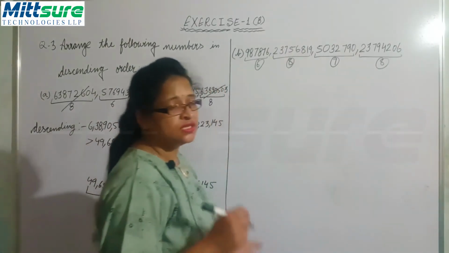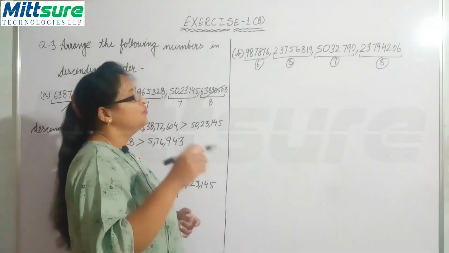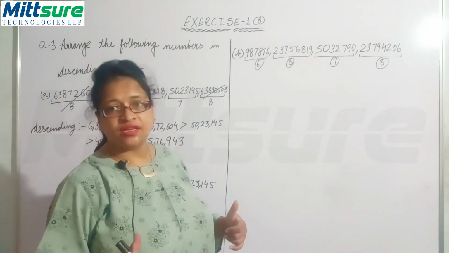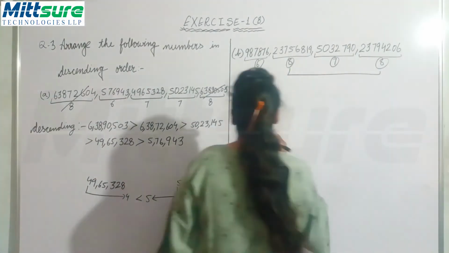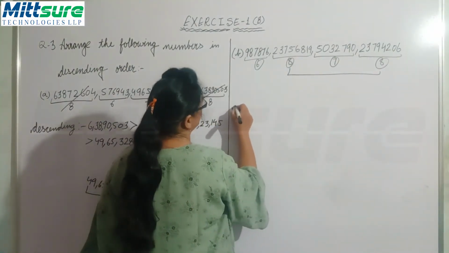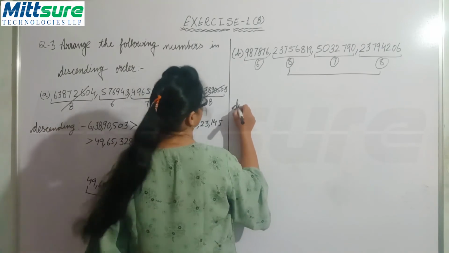To arrange these in descending order, we have to search for the greatest number, comparing these two numbers.